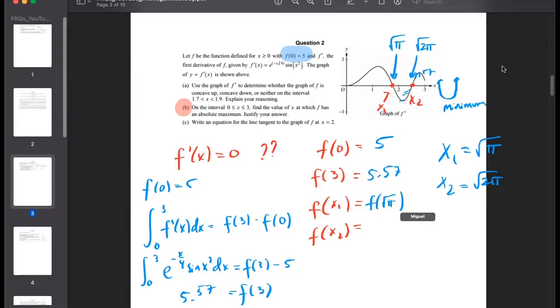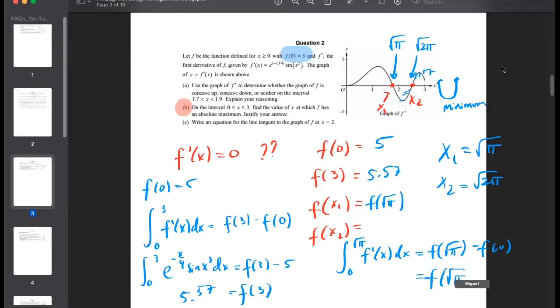And the last one that I needed to calculate is f of root pi. So I'm going to take the integral from 0 to root pi of f prime of x, which is equal to f of root pi minus f of 0. And again, I'm going to integrate the left side in a bit.